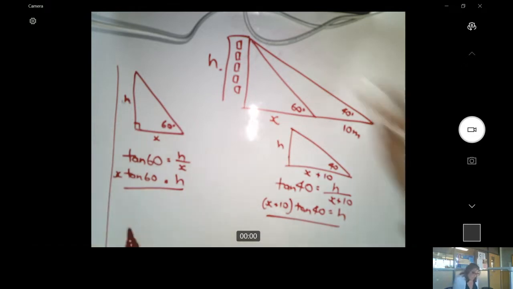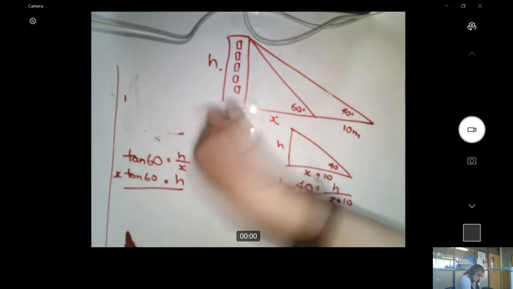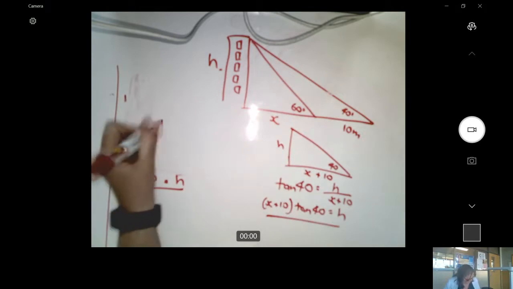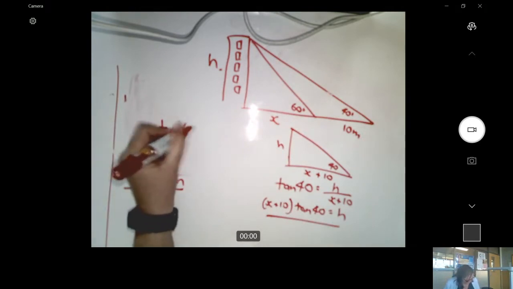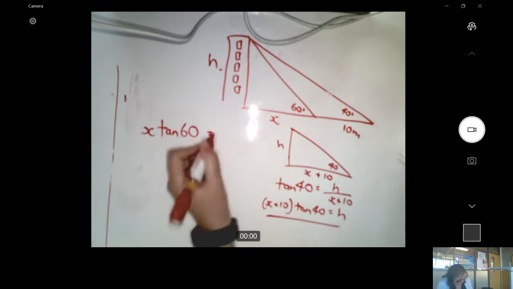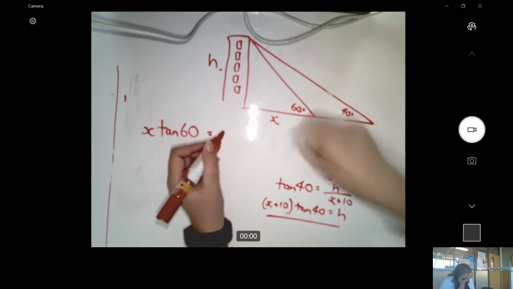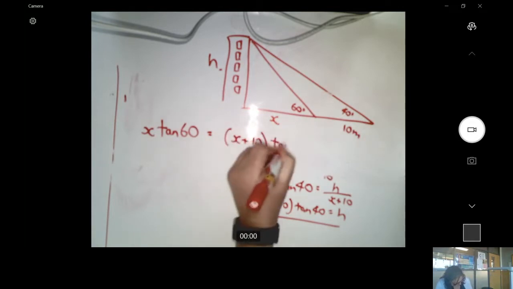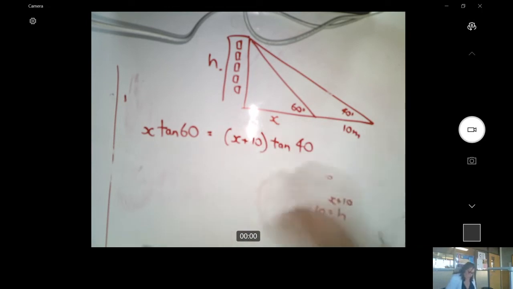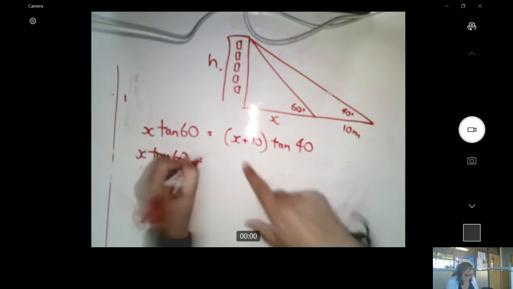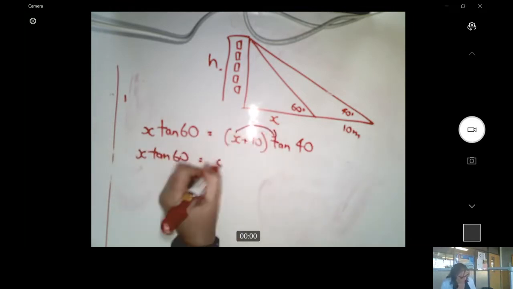I'm going to rub the rest out. Okay, and this is our new expression now. So let's expand the brackets because everything in here is times by tan 40.